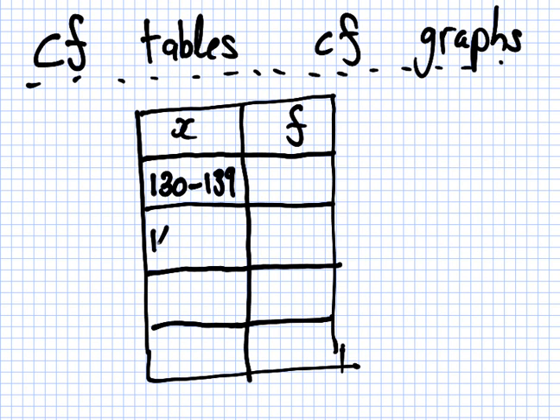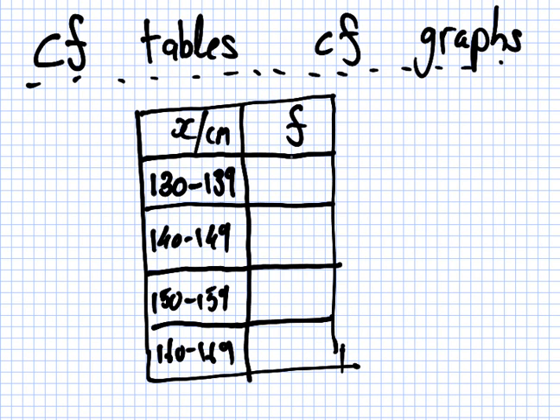And then 140 to 149, and then 150 to 159, and then 160 to 169, or something like that. It's not too important. So these will be heights in centimeters. So X is in centimeters. And let's say here we have 3 people, 4, 2, and 1. So there's nothing new there. That's just a frequency table.